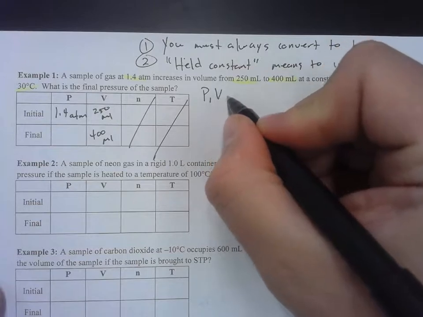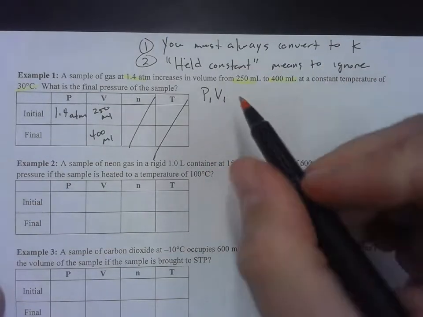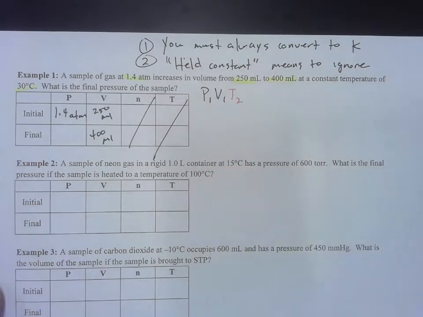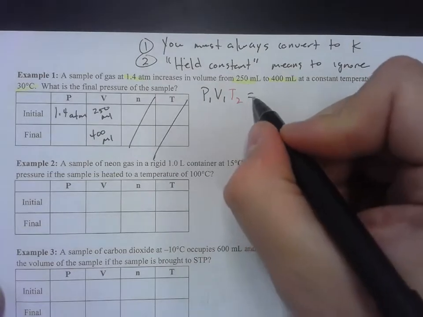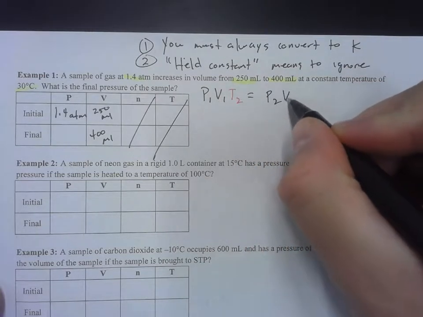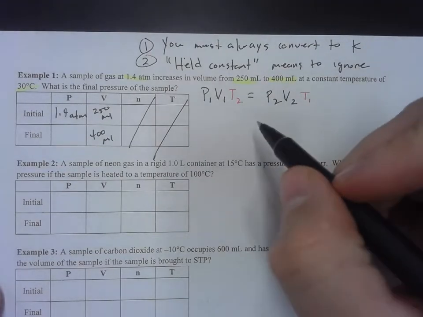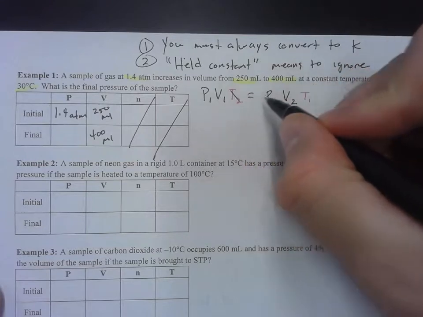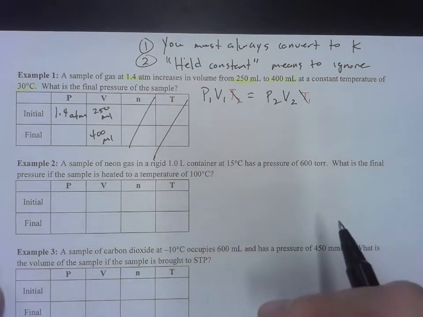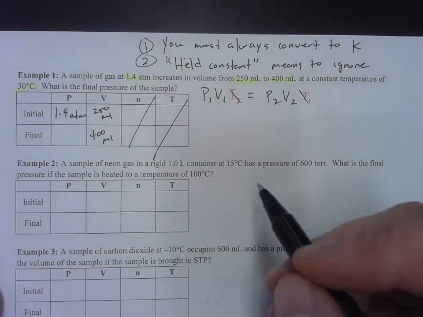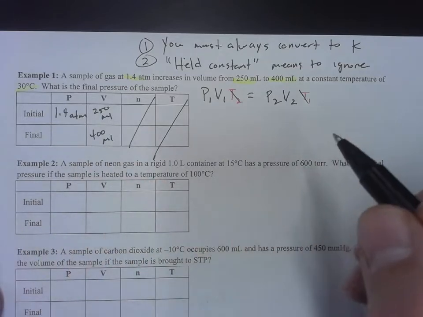P1 V1 T2 equals P2 V2 T1. Again, we can ignore temperature. And there's our final equation. All we have to do at this point is plug in our values.